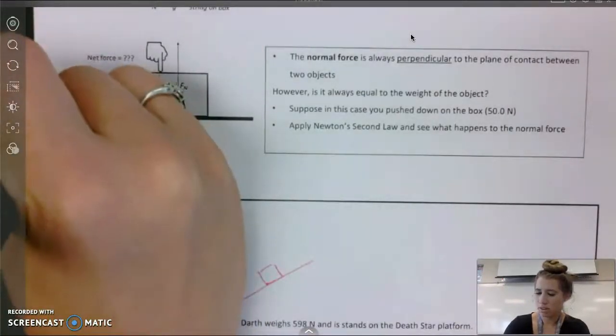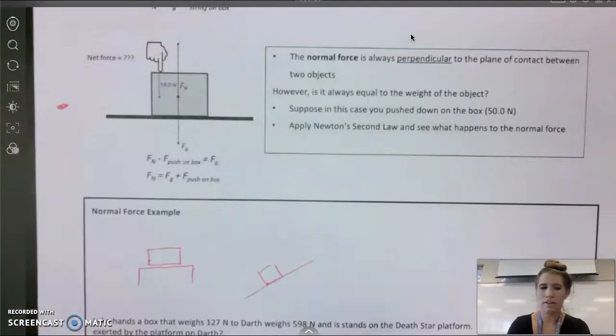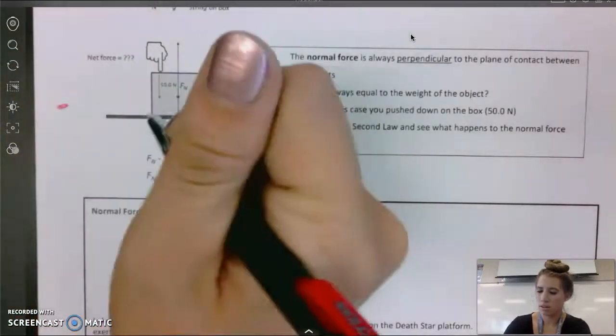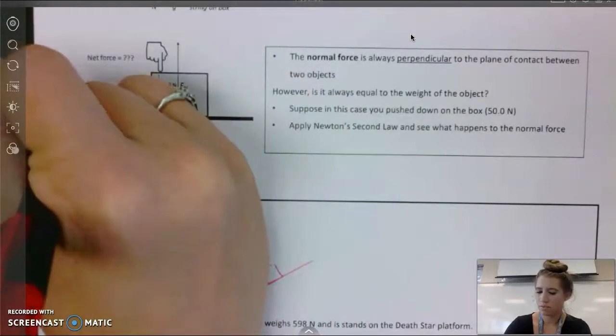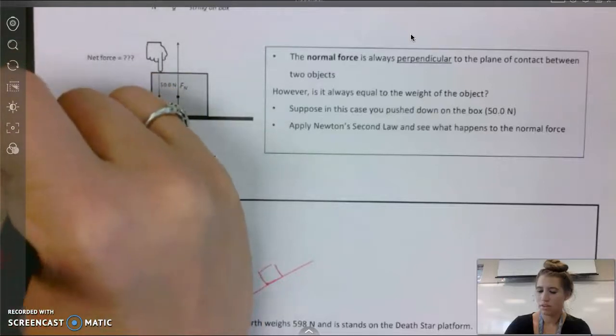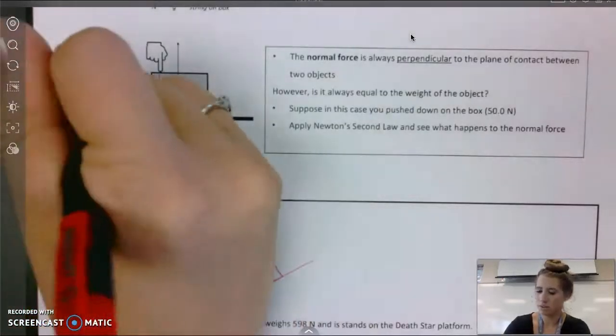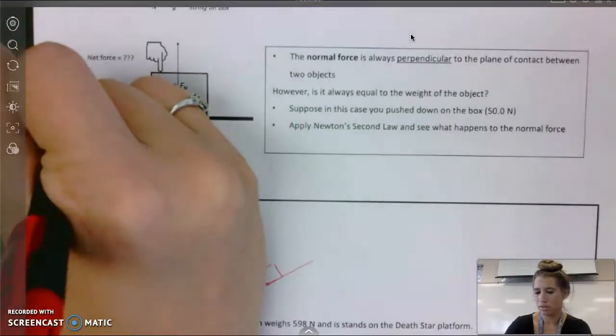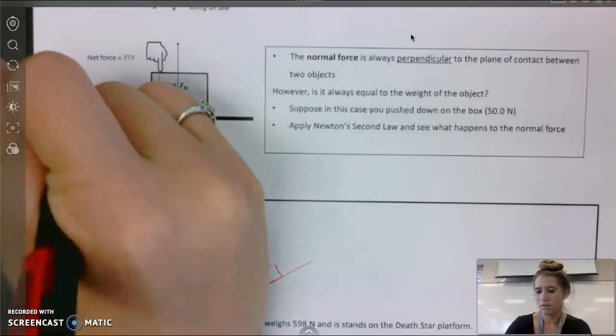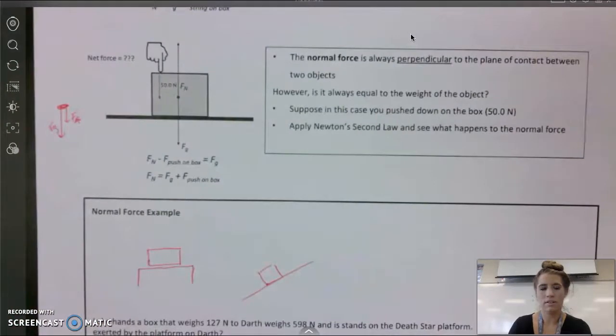Let's redraw this actually. So here's the dot that's going to represent the box. We have a force due to gravity, and then we also have an applied force. Okay. Force applied.